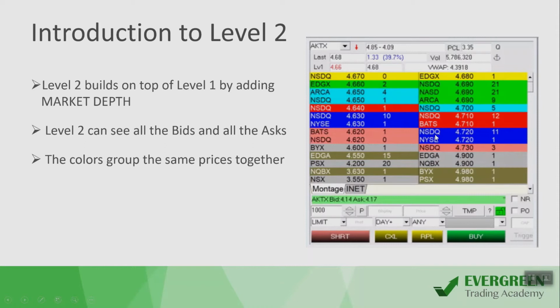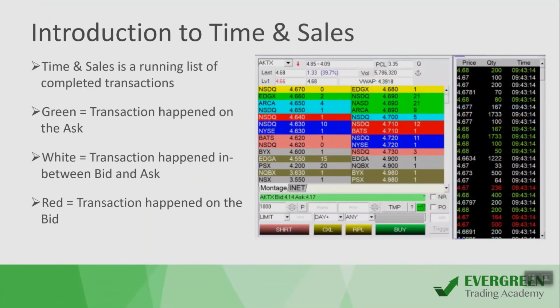Now that we have a small basic understanding of what level 2 is, let's move on to time and sales. You can see here that time and sales and level 2 are used together. Time and sales is a running list of completed transactions. Each one of these rows, this is the time and sales on the right here, is a completed transaction.